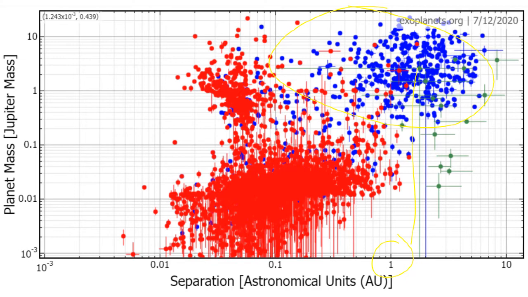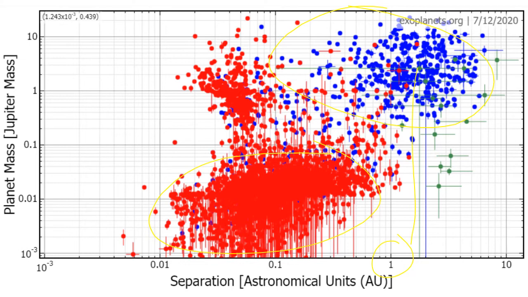And you can see they're all close in, because Kepler only operated for 4 years. Now, if you want repeating dips so you can confirm you've got a planet, you're only going to get repeating dips if the planet is going around its star more often than a year.